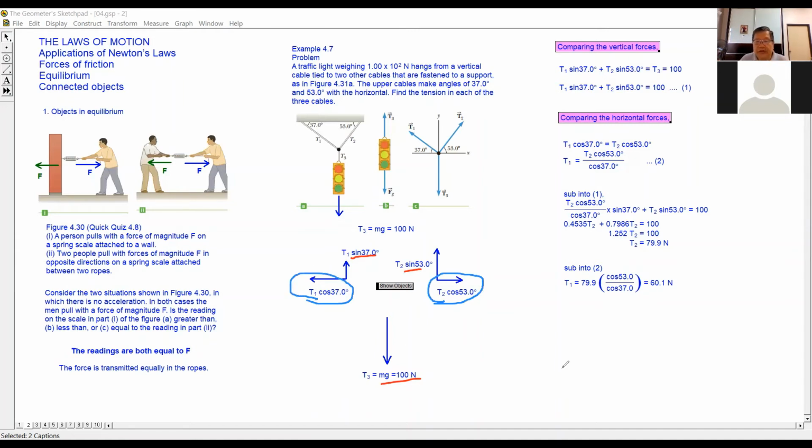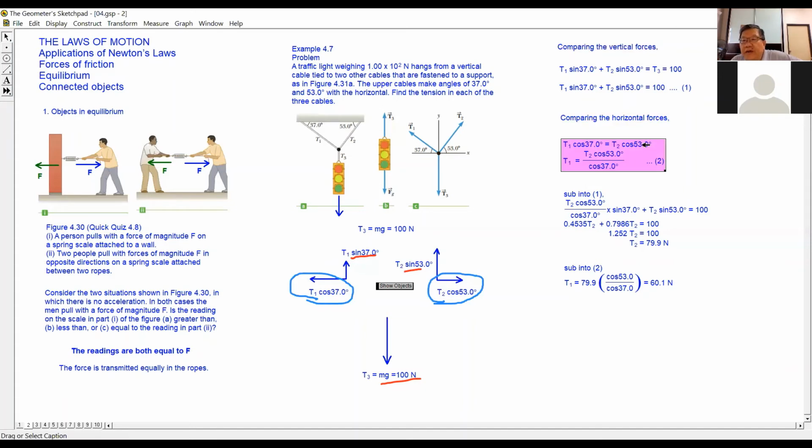These are the two horizontal components. Because the object is at equilibrium, these two forces also balance one another. So I say that T1 cos 37 equals T2 cos 53.